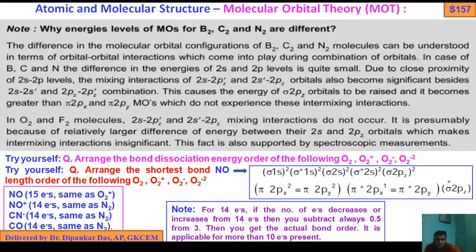For the 14 electron system, 3, 2.5. If the number of electrons decreases or increases from 14 electrons, then you always subtract 0.5 from 3, then you get the actual bond order.